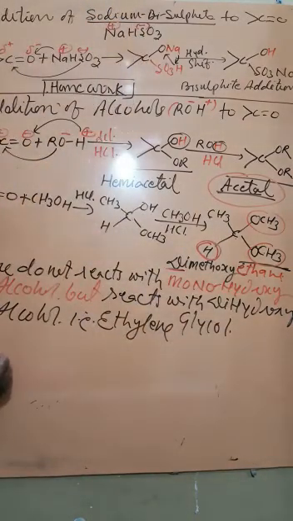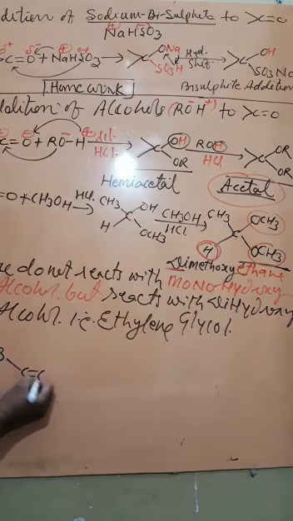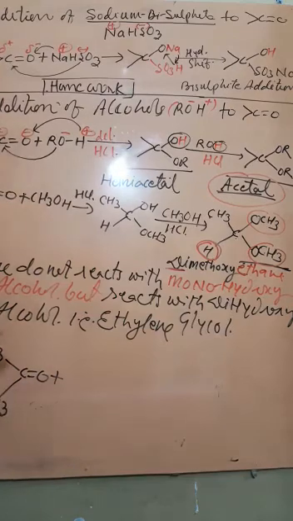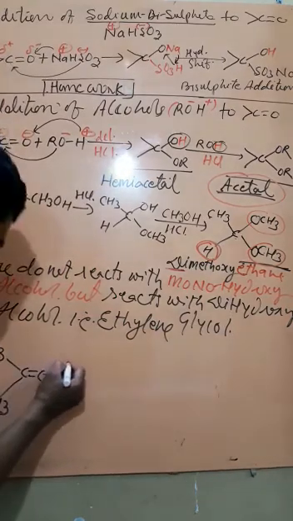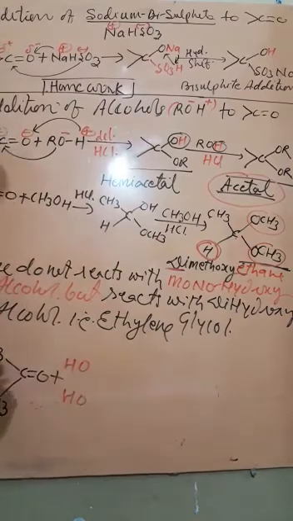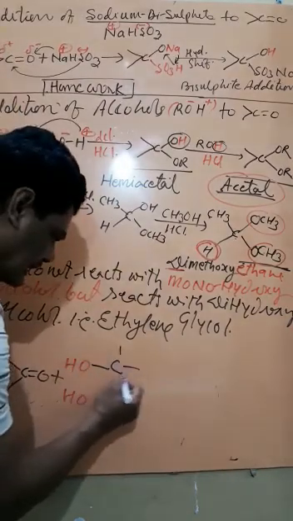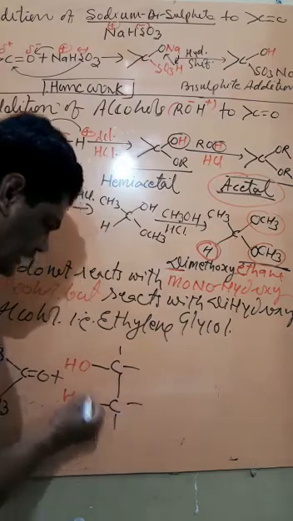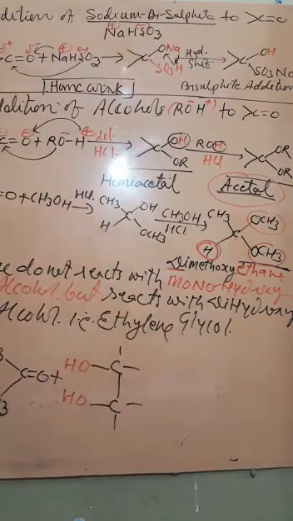Now how will the reaction take place? CH3C double bond O and CH3, plus dihydroxy alcohol, that is HO CH2 CH2 OH. This is called ethylene glycol.